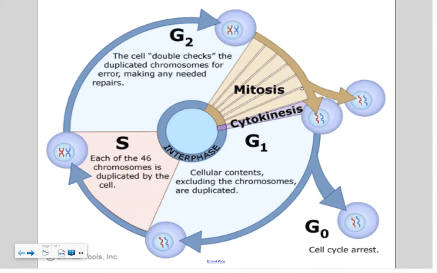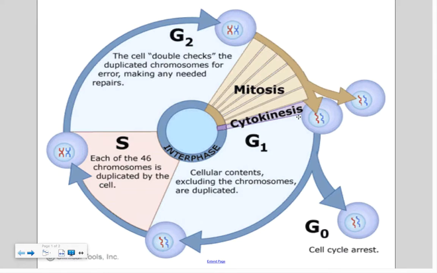So there's mitosis. That is the cell actually splitting its contents apart. And then the last final step of cell division is what is called cytokinesis. If you look at that word, it has the same prefix as when we talked about the cytoplasm. So cytokinesis simply means to split the cytoplasm.